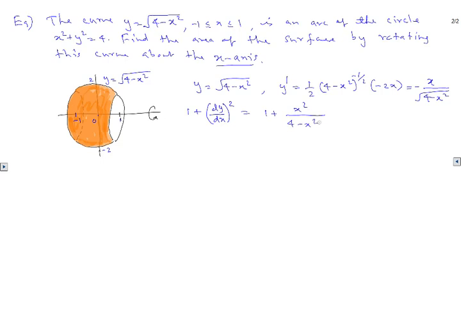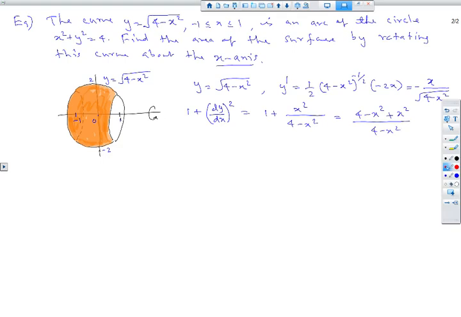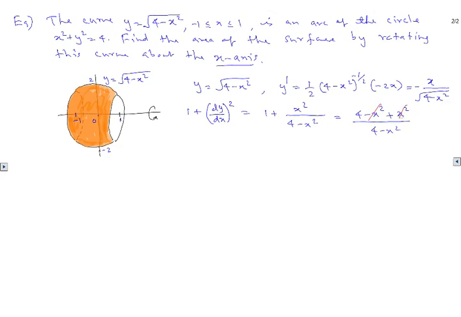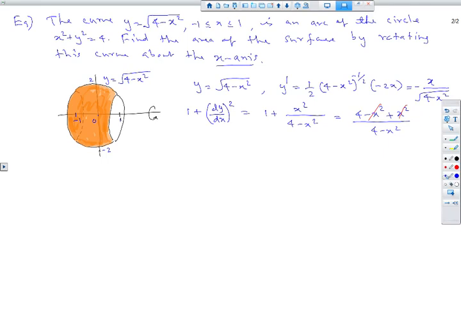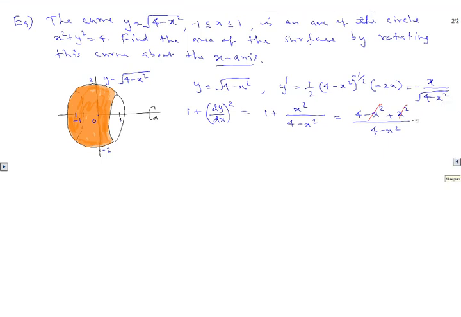Then take the common denominator: 4 minus x squared plus x squared over 4 minus x squared. On top, the x squared terms cancel, so you simply get 4 over 4 minus x squared. It simplifies very well.